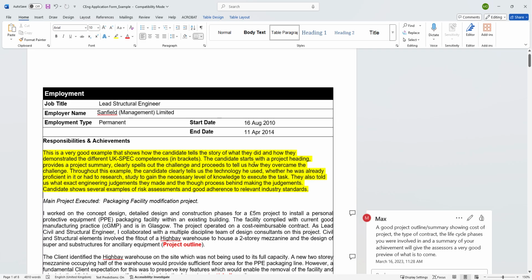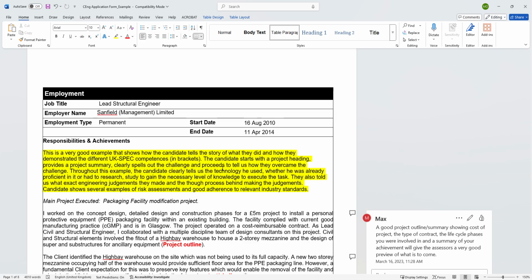The candidate starts with a project heading, provides a project summary, clearly spells out the challenge, and proceeds to tell us how they overcame the challenge. Throughout this project example, the candidate clearly tells us the technology that he used, whether he was already proficient in it or had to research or study to gain the necessary level of knowledge to execute the task.